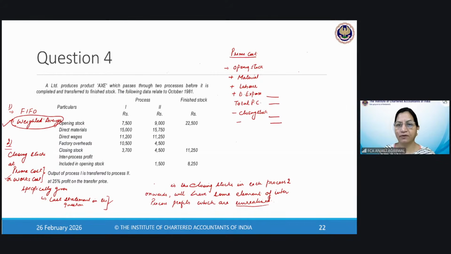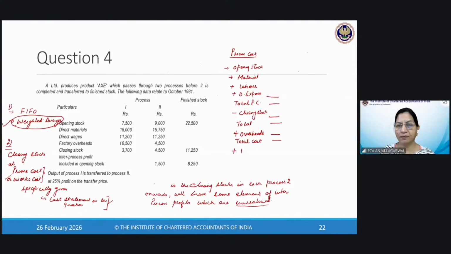Then you will have another total after subtracting the prime cost, closing stock. Then you will add overheads. So overheads come here. This becomes your total cost or total works cost.